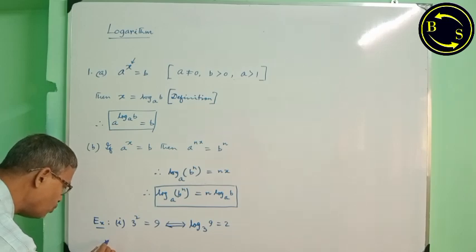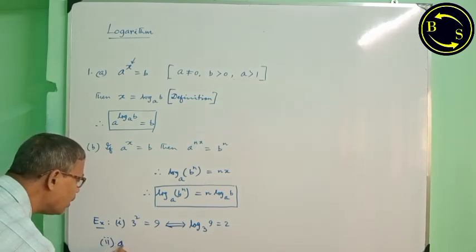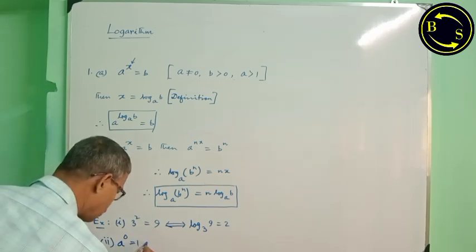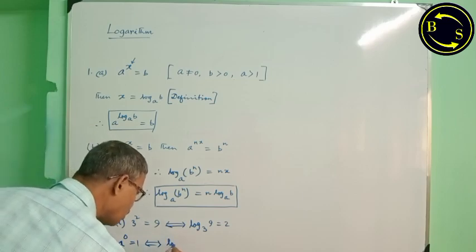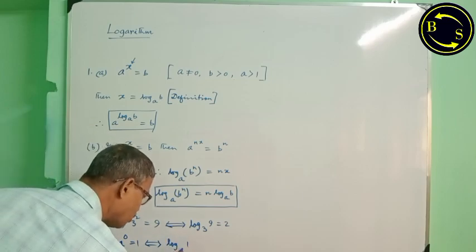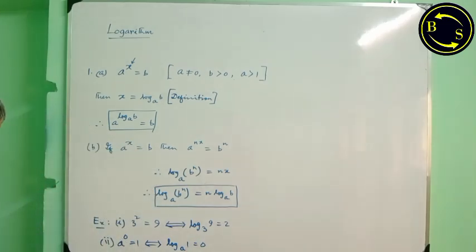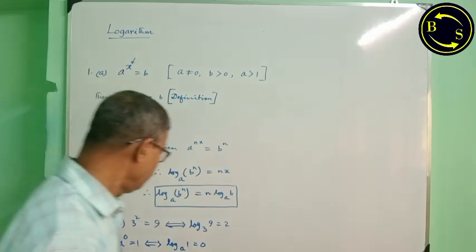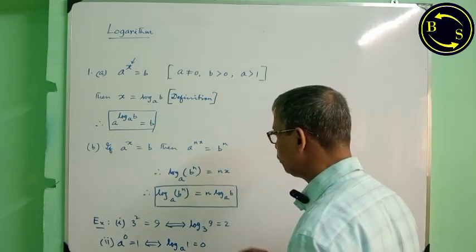Number 2, a to the power 0 equal to 1, from which we can write using the concept of logarithm, log of 1, and already mentioned a is non-zero, therefore log of 1 to the base a equal to 0.